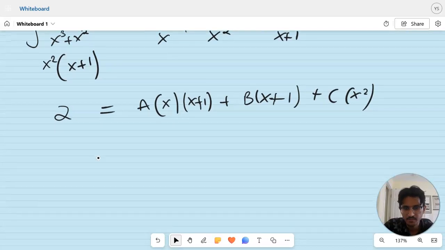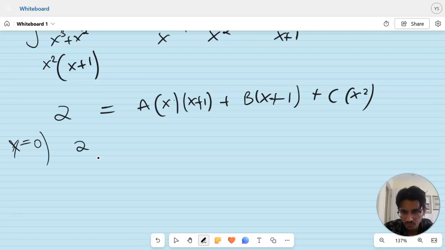Now let's try finding the individual values of A, B, and C. Let's set x to 0 first. Since one of our factors is just x, we can plug in 0. So 2 equals, this is going to be 0 because 0 squared is just 0.